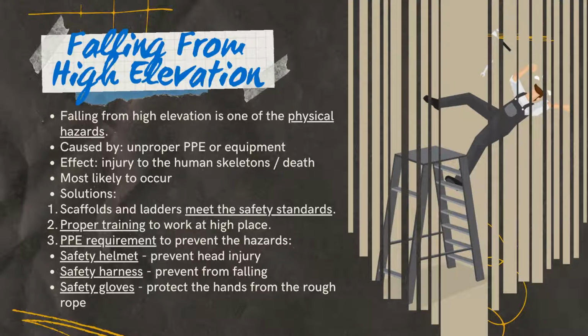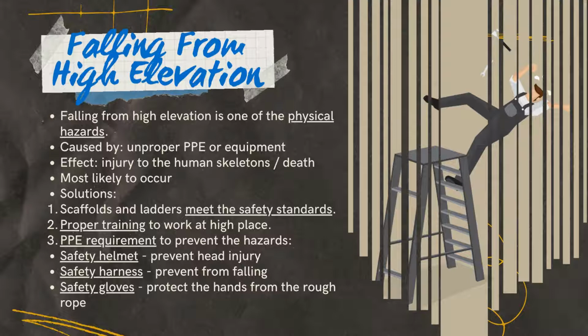Falling from high elevation is one of the physical hazards caused by improper PPE or equipment such as a ladder. The effect of falling from high elevation will be injury to the human skeleton, or death. It's also most likely to occur.